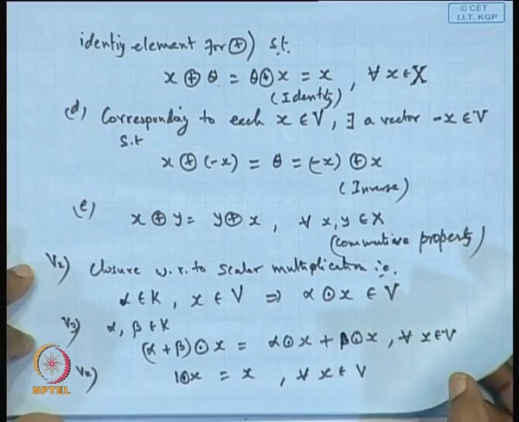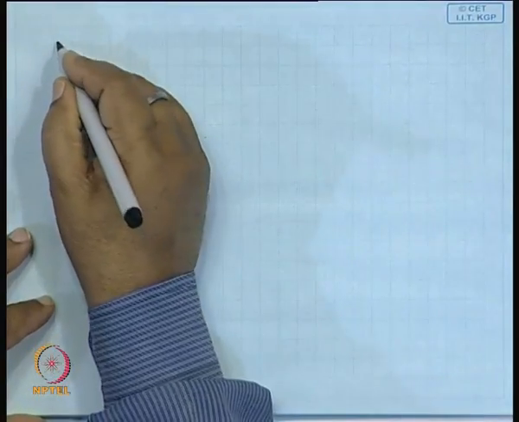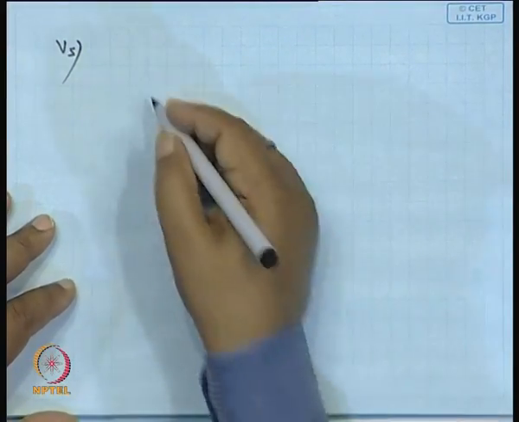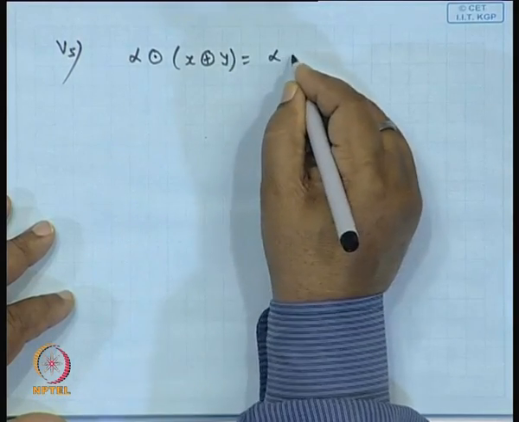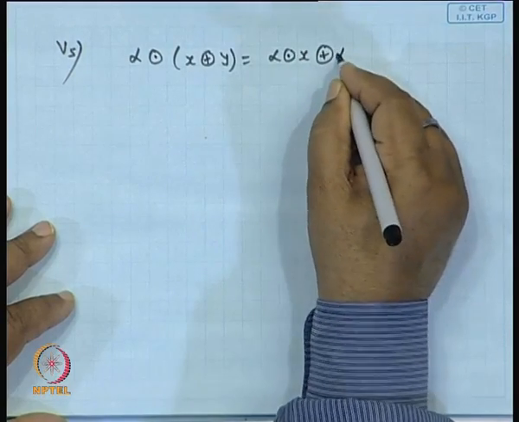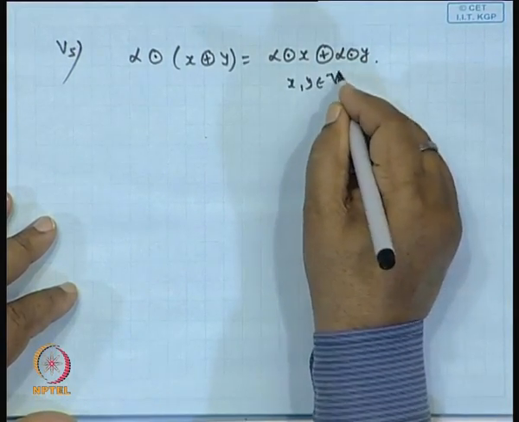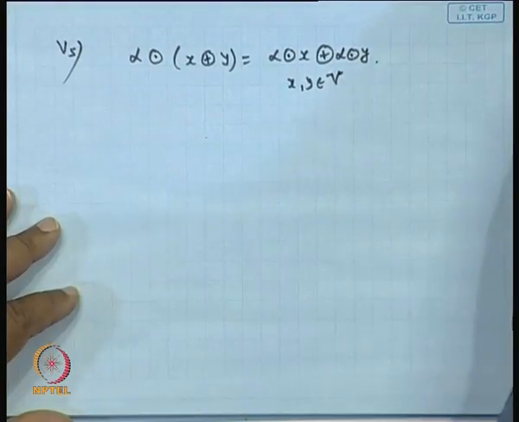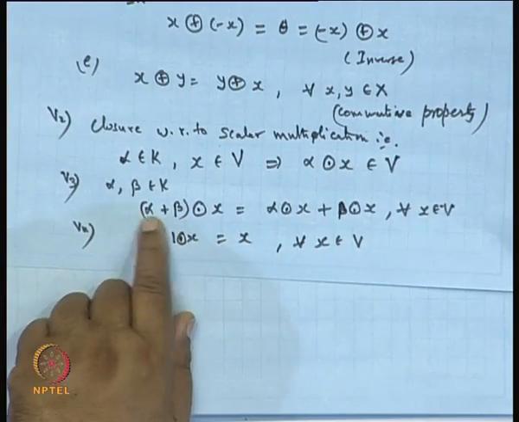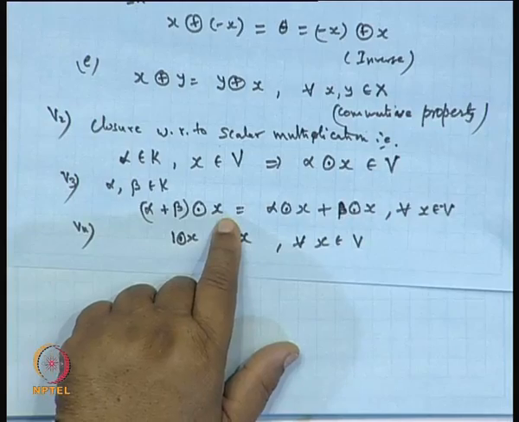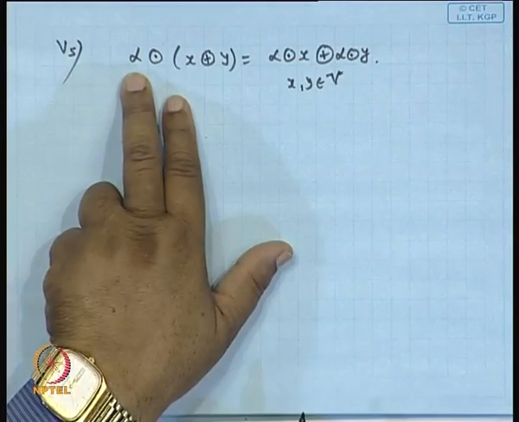And then the distributive properties. Also V 5, we can say alpha dot x plus y is the same as alpha dot x plus alpha dot y, where x and y are elements of V, for any arbitrary elements x and y in V. Now, if we look at these two properties V 3 and V 5, in V 3 the scalars are added and then operated on x, but in V 5 the vectors are added and then alpha is operated on them.